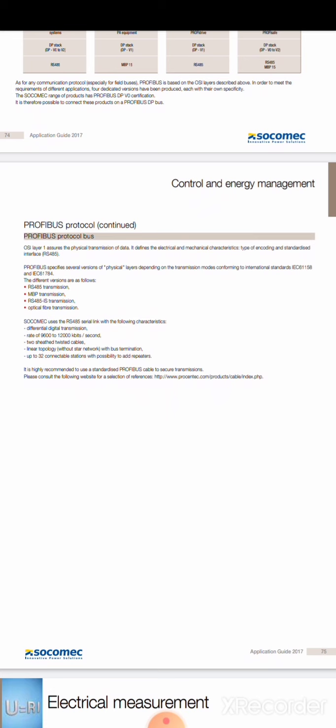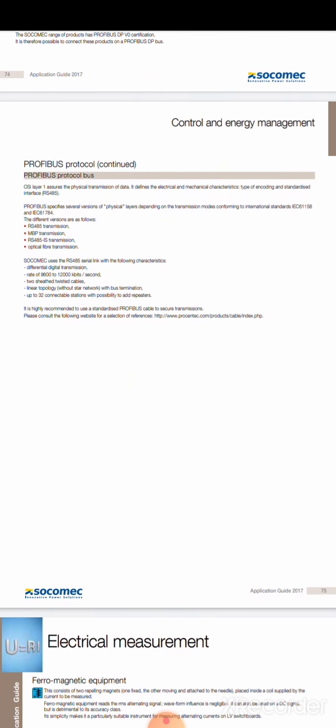OSI layer 1 assures the physical transmission of data. It defines the electrical and mechanical characteristics, type of encoding, and standardized interface, RS485. Profibus specifies several versions of physical layers depending on the transmission modes, conforming to international standards IEC 61158 and IEC 61784.